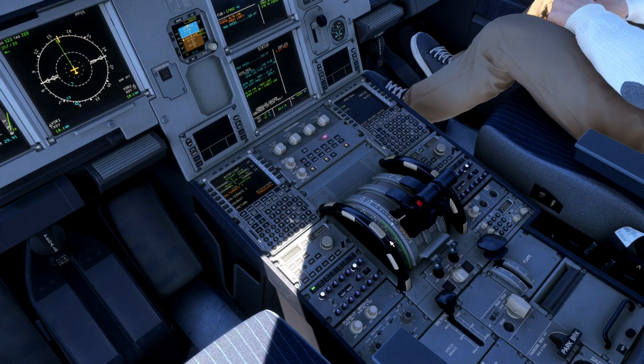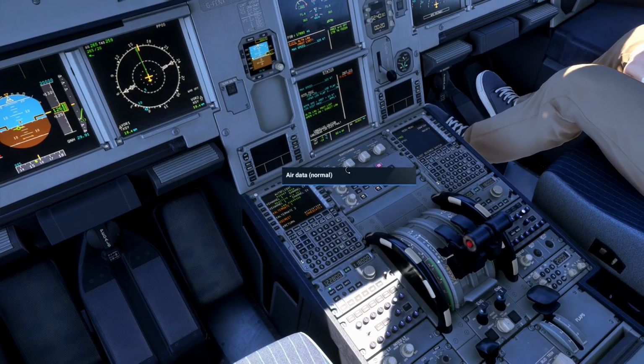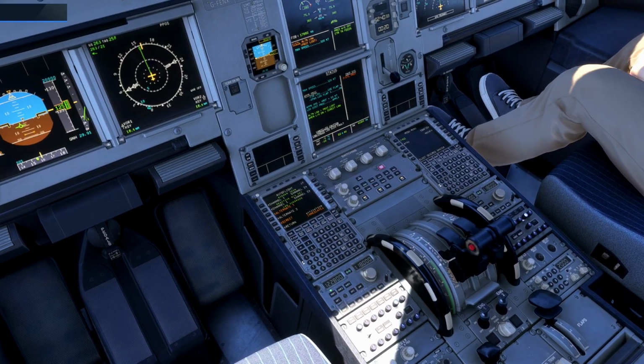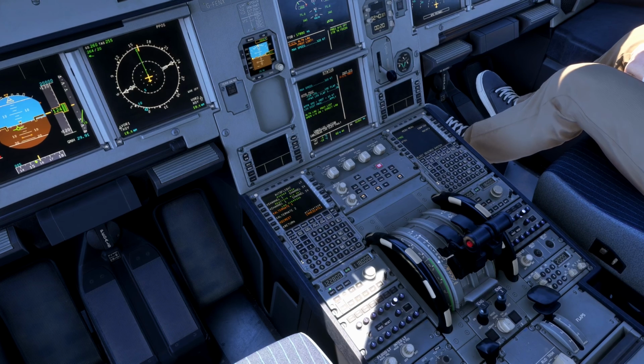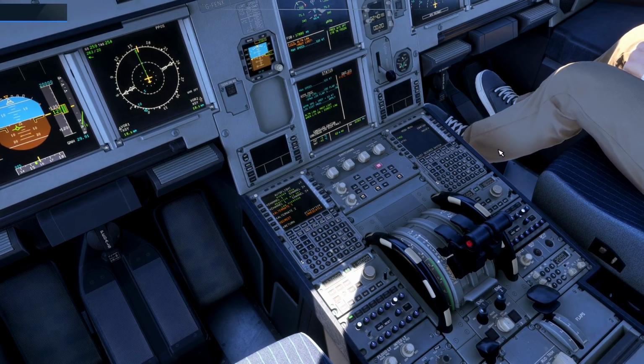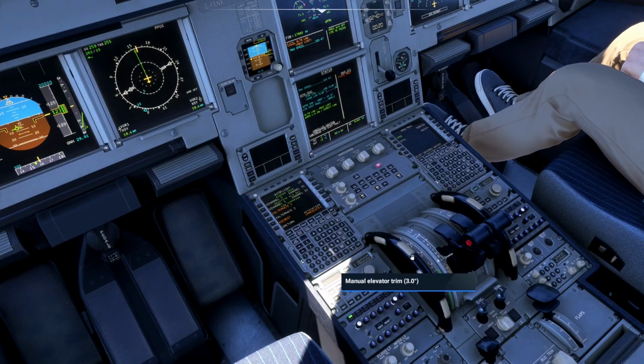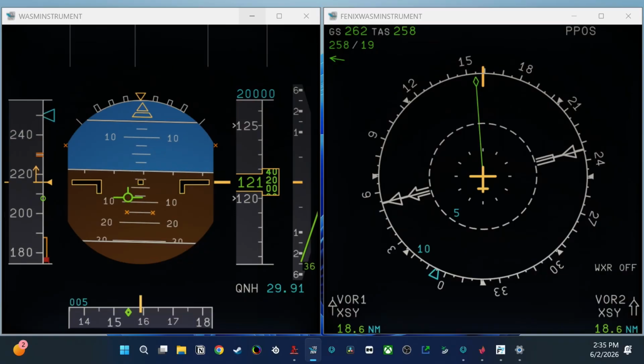If we go to direct law, with landing gear down, now see the airplane, even though we are moving it, the pitch trim is not controlling. And now it's more like a Cessna. You need to pitch trim. So if I pull this a little bit up, now the airplane is going to pitch up.